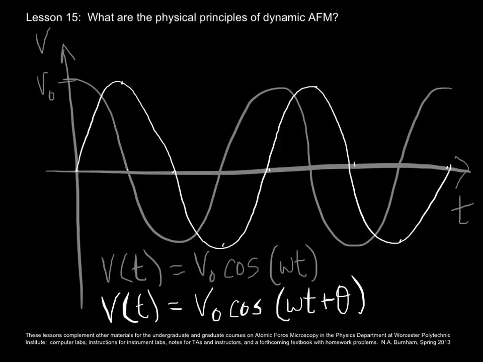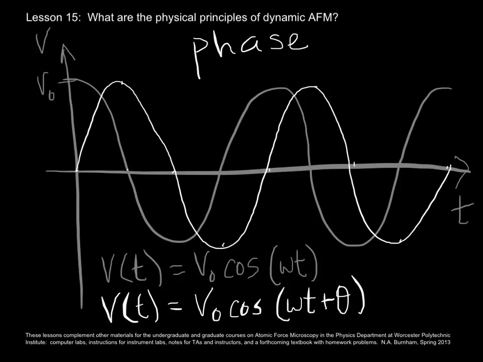Another thing you should be aware of is the idea of phase. Here I have sketched a cosine wave in gray and a sine wave in white as a function of time. And you see the equations down at the bottom. What's missing is the value of theta in the second equation.